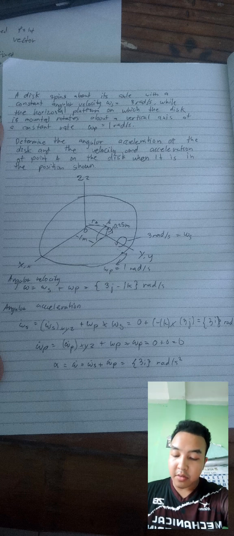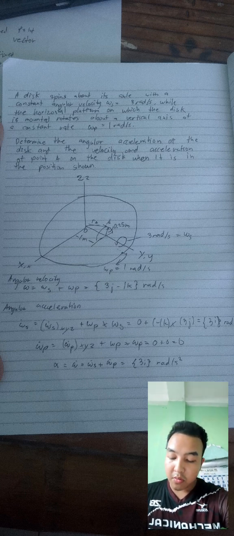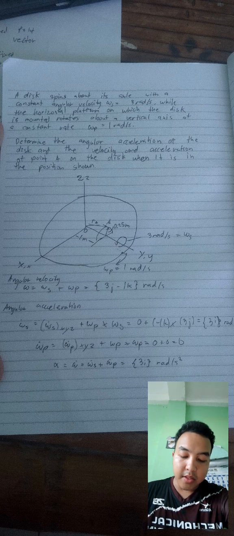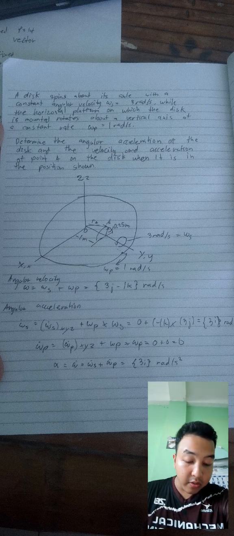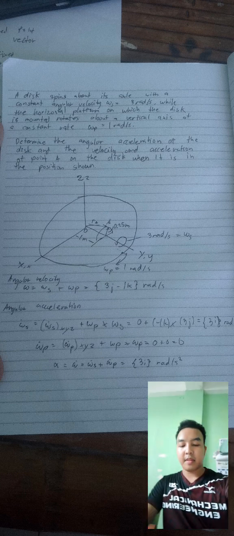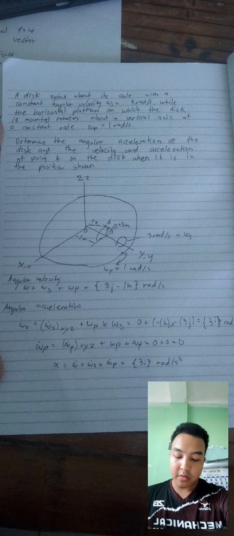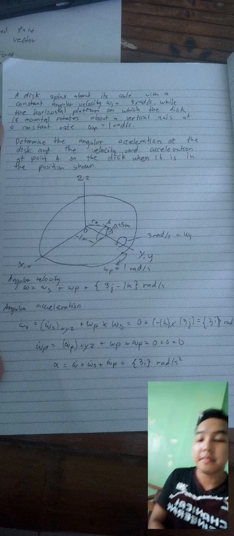Our angular acceleration is given in this equation, so we will substitute the values. 0 plus negative k times 0 plus negative k times 3j equals 3i radians per second squared. So this is our angular acceleration. We can also use this formula, and we will arrive at the same answer, which is 3i radians per second squared.